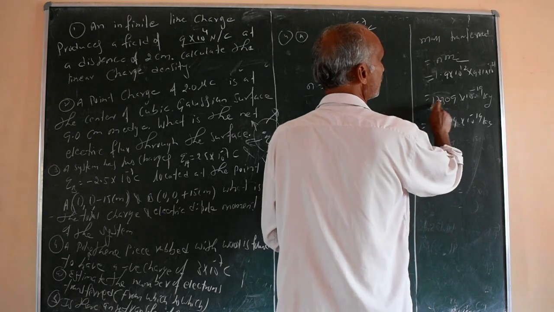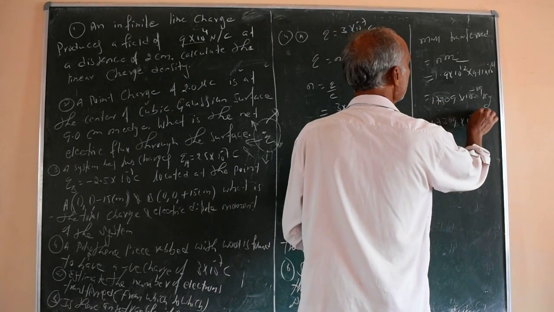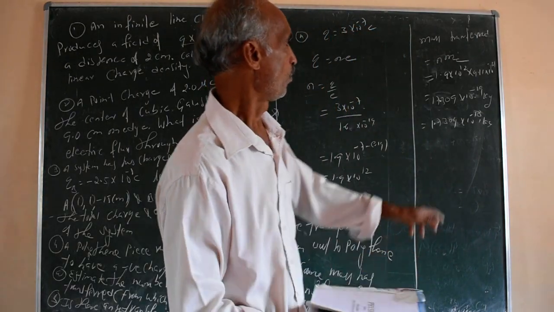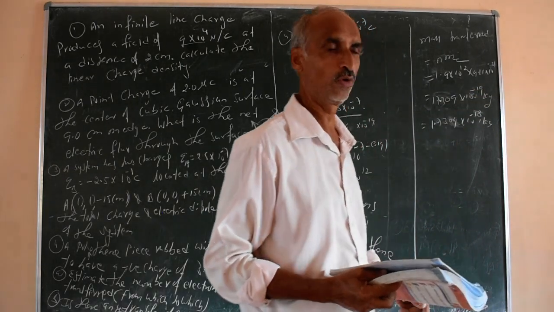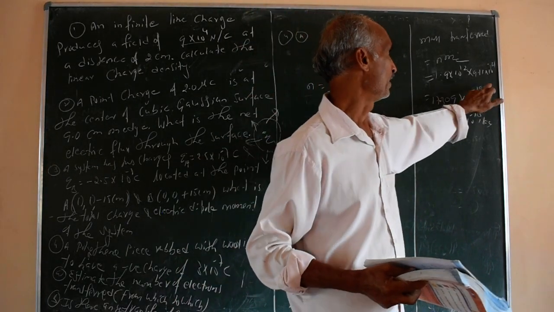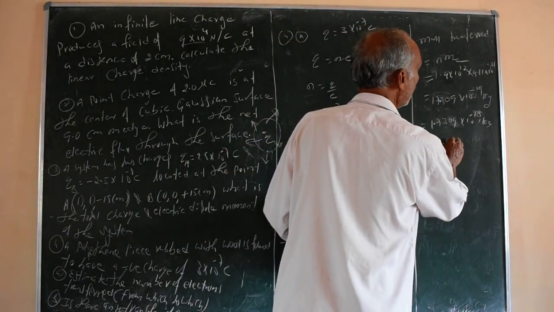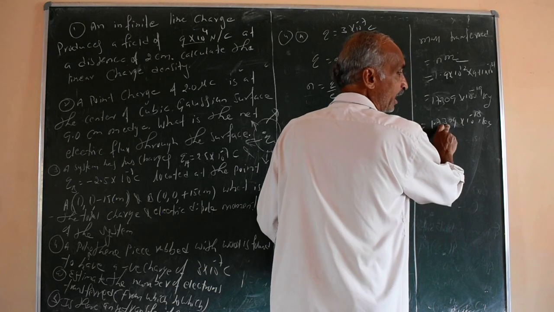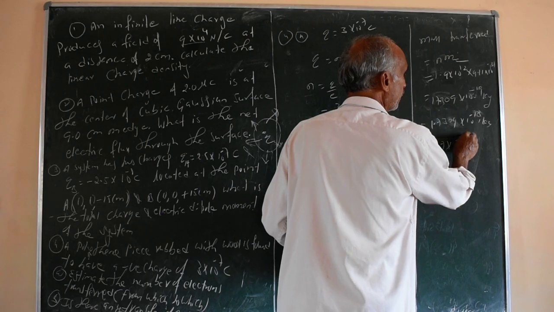The point is shifted one place left, therefore plus 1 should be taken: minus 19 plus 1 is minus 18. That is equal to 1.7, since 3 is dropped, into 10 raised to minus 18 kg.